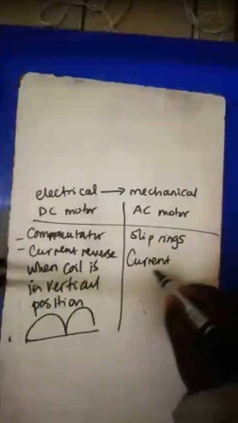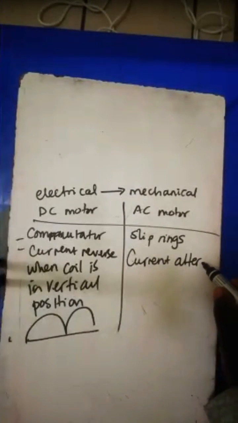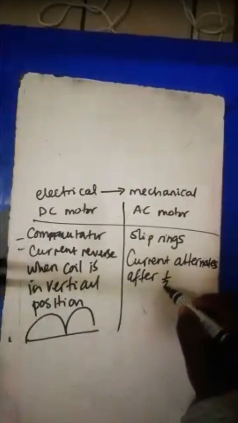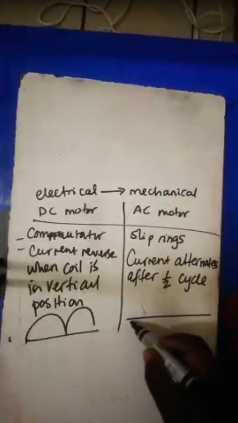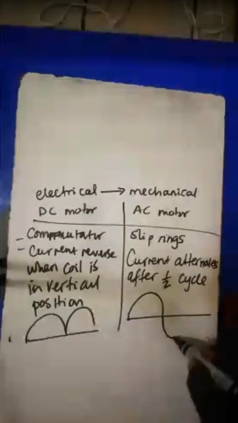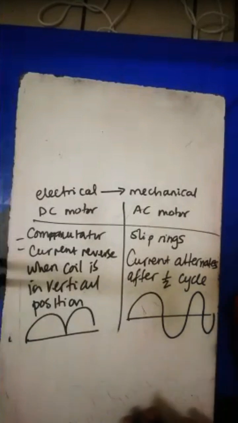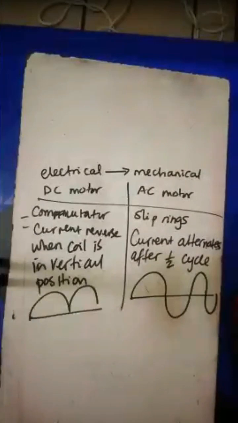To alternate means it changes direction after every half cycle. The current is going to change direction every half cycle. That is an AC motor. So you must be able to pick at least two differences, or one between the two. Then you get your nice 2 marks.